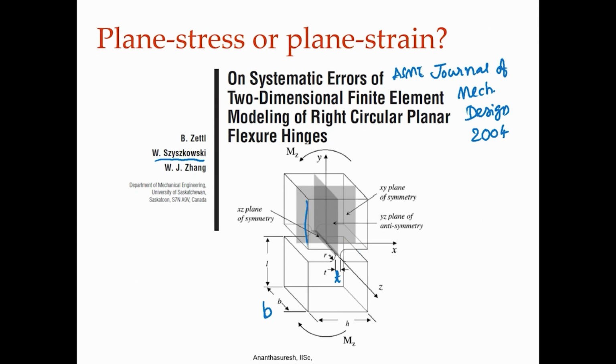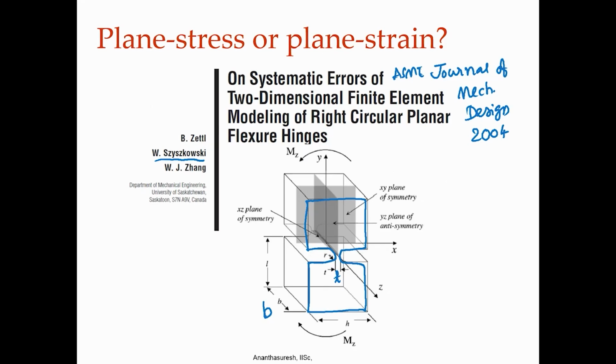Two-dimensional version would involve only taking this and not doing the three-dimensional analysis. Either way, whether you use plane stress or plane strain, you would incur error, and in fact they had compared for various values of this B and T how this error changes. Sometimes you could be accurate, very close, sometimes you could be very wrong.